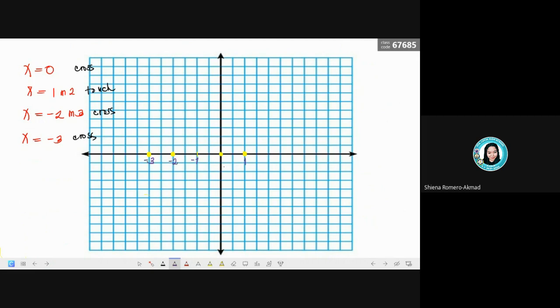This is 1. So, mangyayari ay 3 cross. So, dito siya. -2 cross.